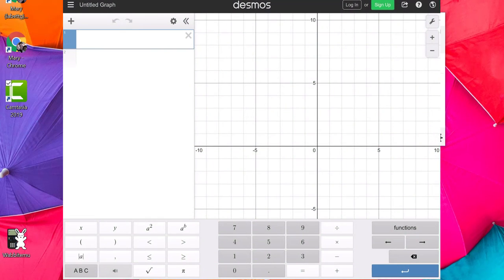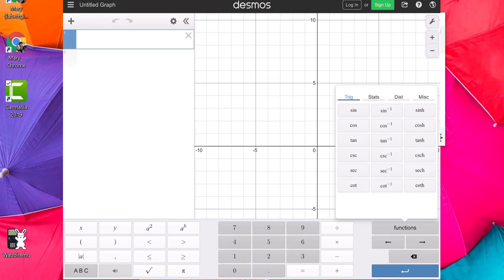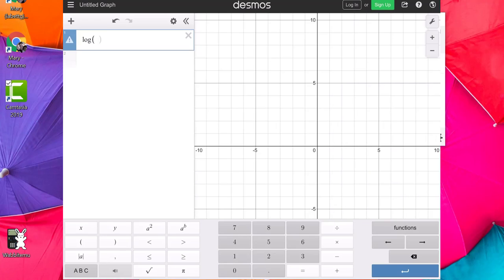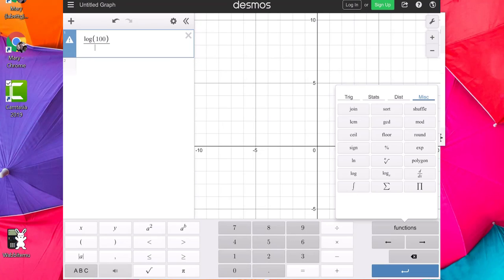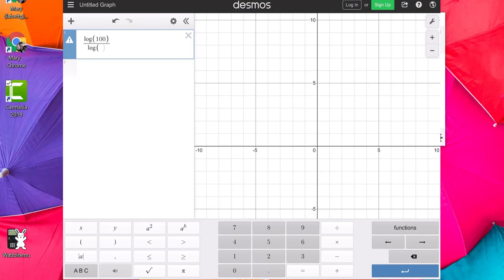Now you could do change of base. You could hit functions, miscellaneous, and hit the log or the ln 100 divided by functions, miscellaneous, log of 5. And you can see you get the 2.86.